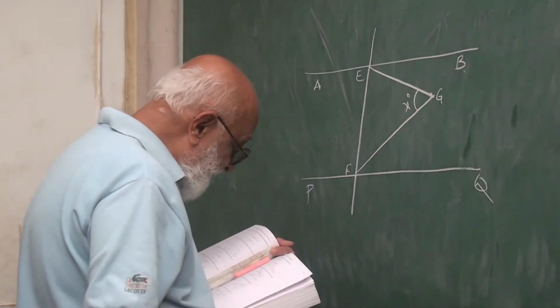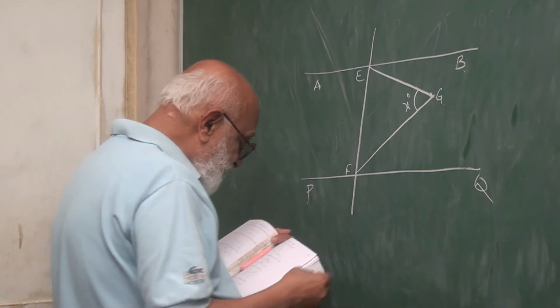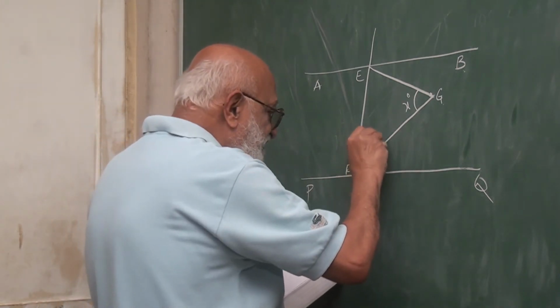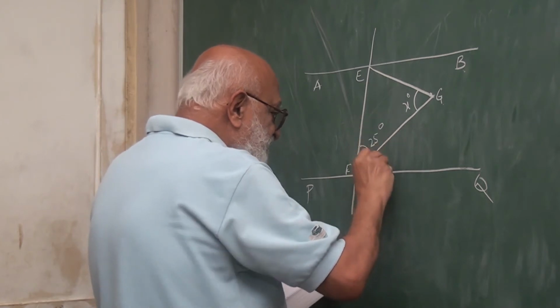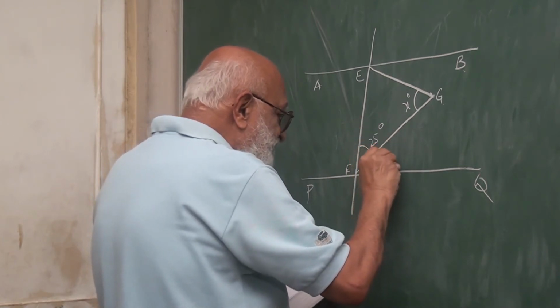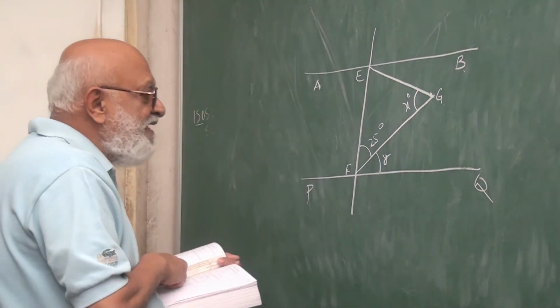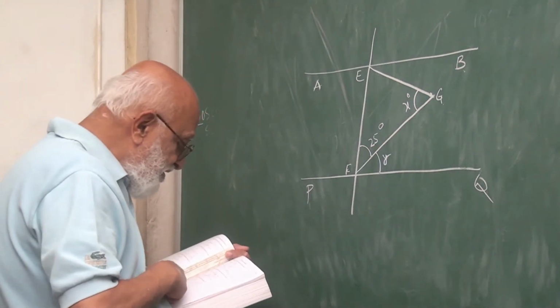What else has been given? This angle has been given as 25 degrees. This is y, which has been given. And then what else has been given?